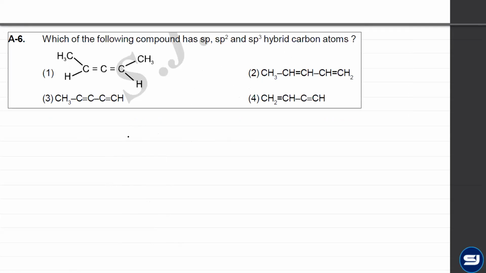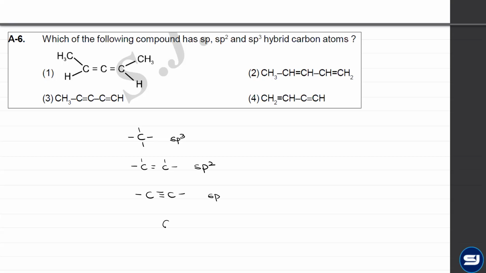Now, for a carbon atom, if it is single bonded and all the valences are satisfied by sigma bond, the hybridization is sp3, geometry tetrahedral. If it is double bonded, it will be sp2, planar, and triple bonded would be sp, linear.